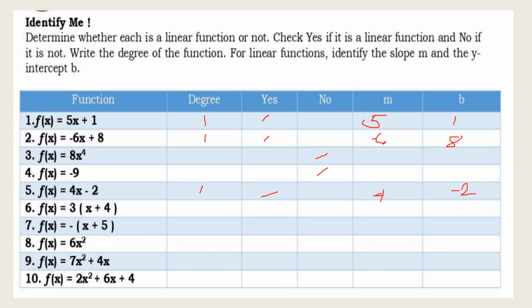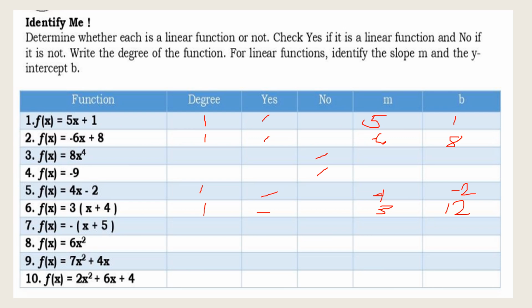Next we have here 3x plus 12. So this is first degree, and it is a function, yes, and the slope is 3 and b is 12. Okay, now we have here negative x minus 5.